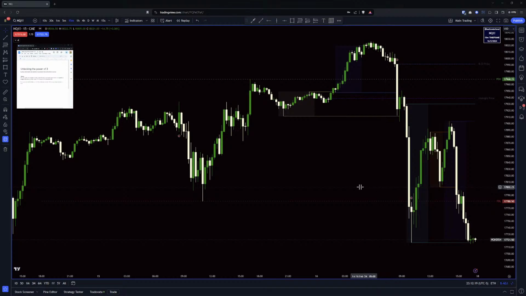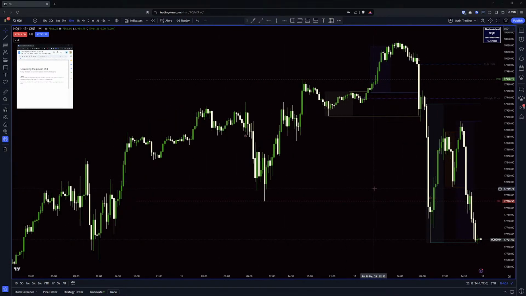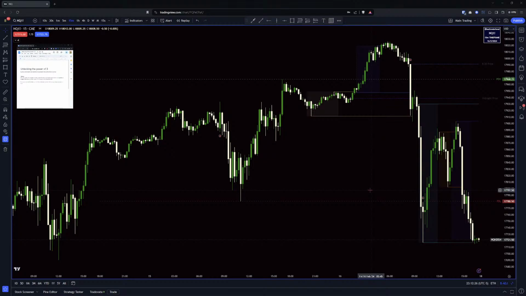There is an accumulation phase, a manipulation phase, and a distribution phase, right? And you can see it. We can mark them out here. Usually what you see is there is an Asian range accumulation phase, there's a London manipulation phase, and there's a New York distribution phase. We sort of kind of saw that today, right?